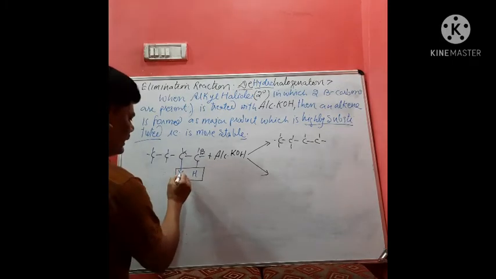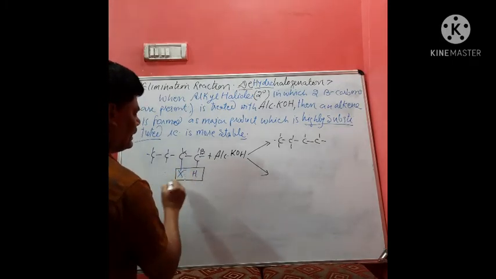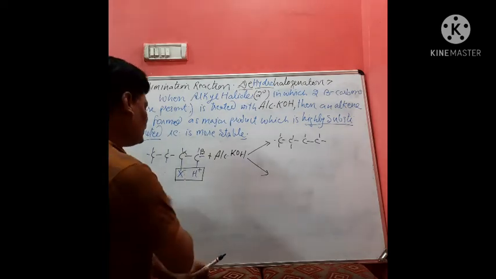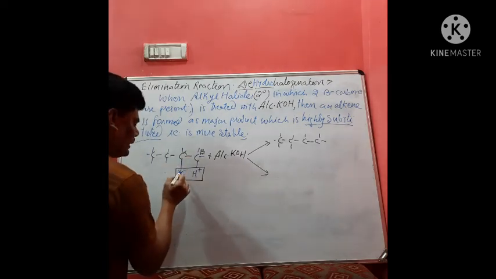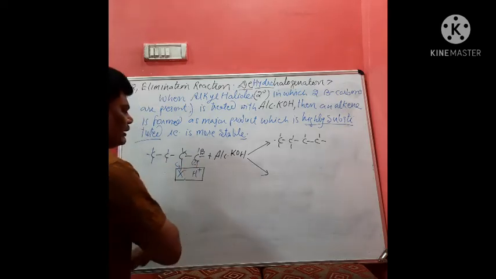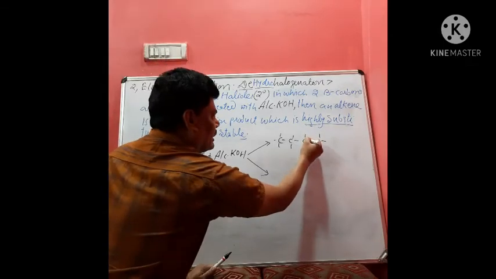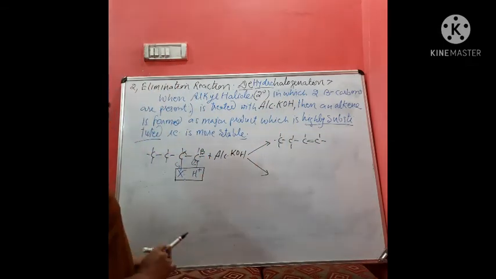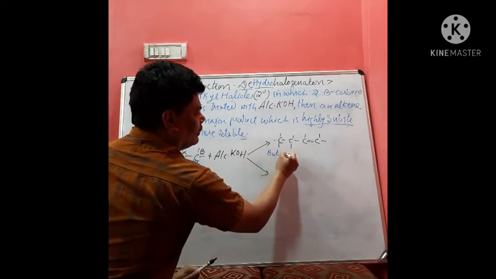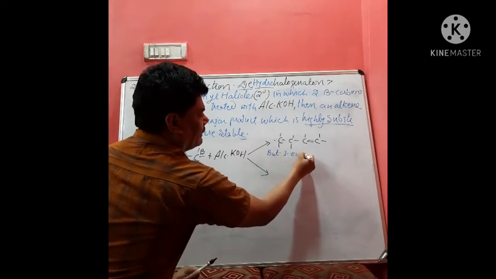And now X is released in the form of X anion, H released in the form of H cation. That means the bond pair of electrons is taken by X and it is given to this one. Thus a double bond is getting generated. This compound is known as But-1-ene.